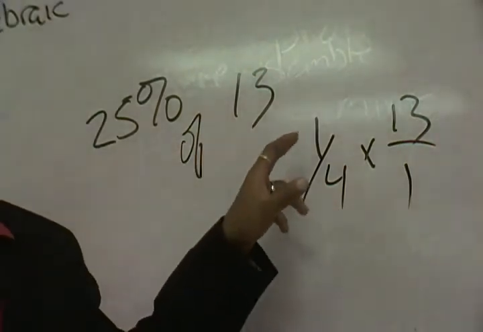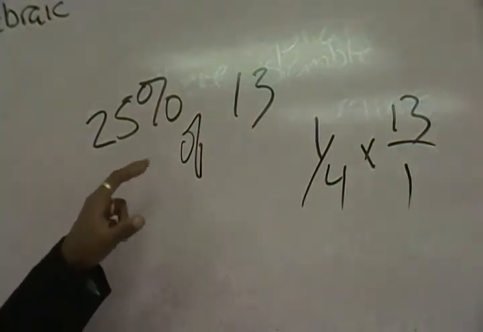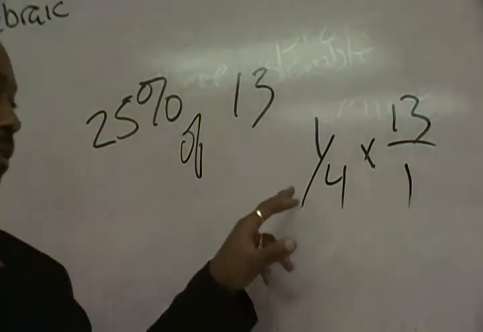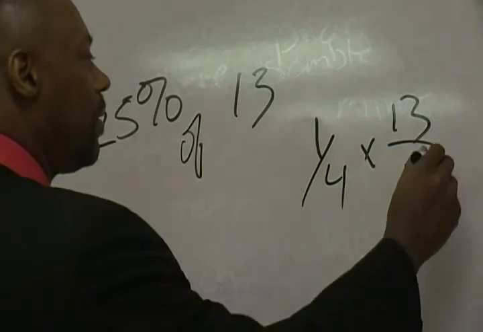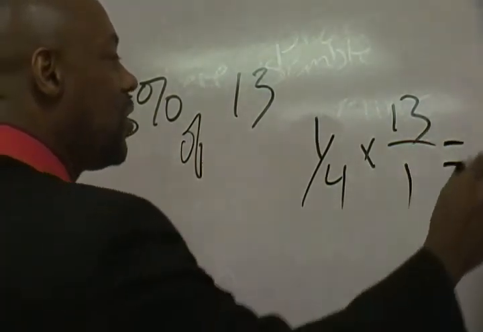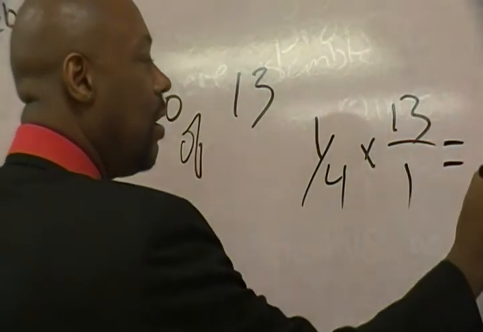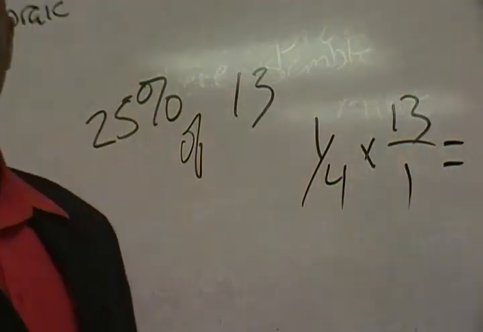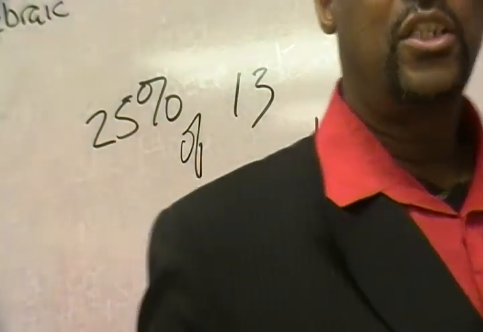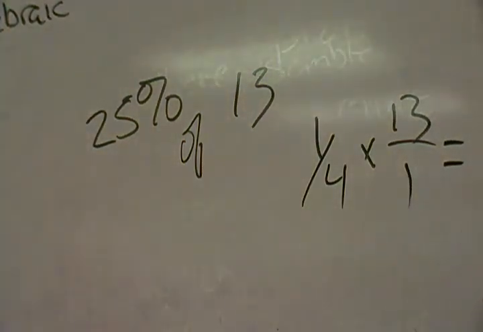All right, so we're trying to get 25% of 13. So I got 1/4 times 13, and we're going to break that down into 13 over 4. So, Sherry, what do you do when you have an improper fraction? What's the next move?